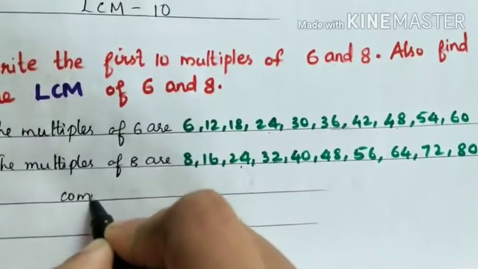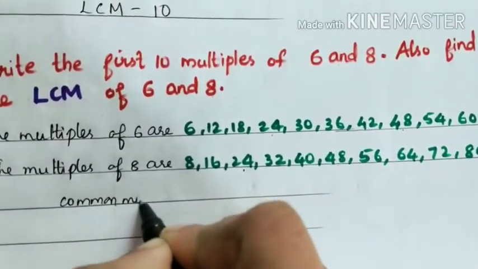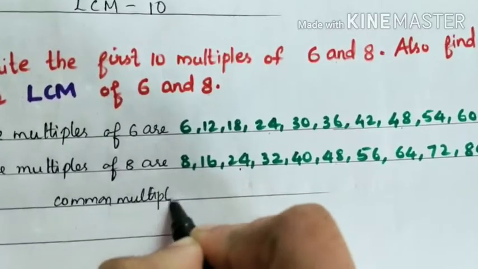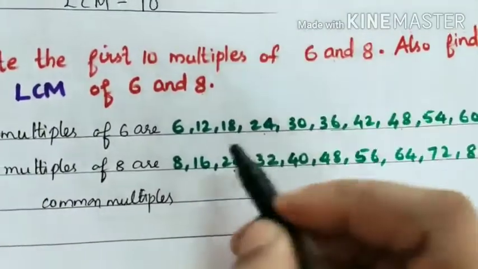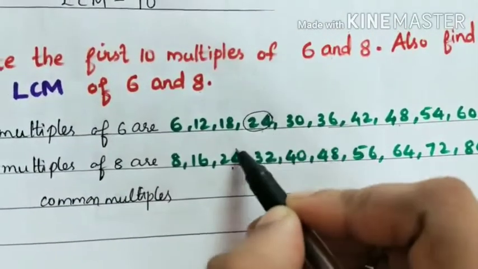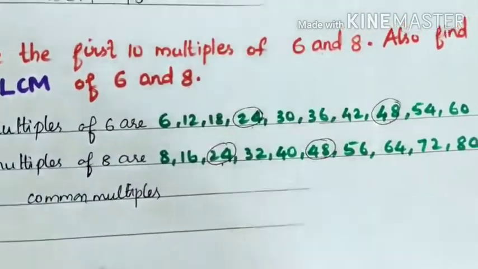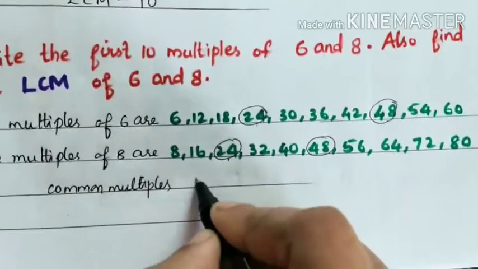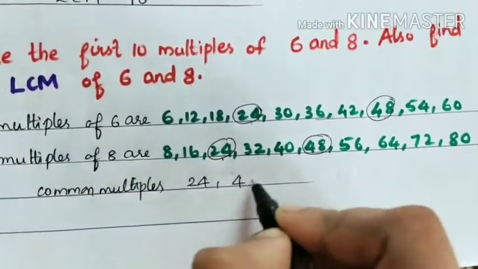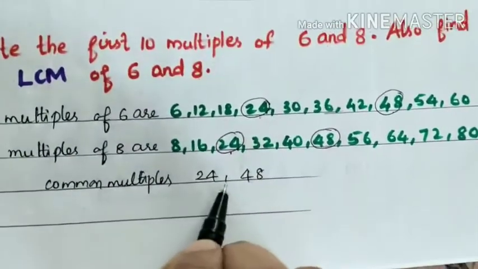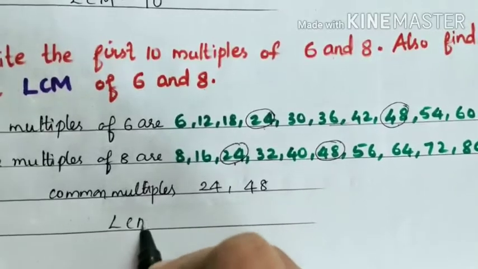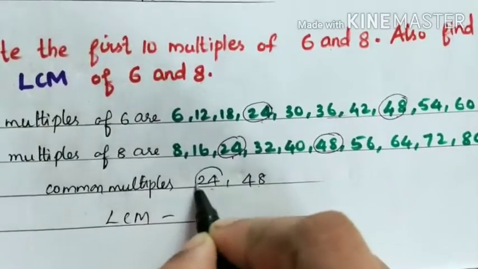Now we have to find the common multiples of 6 and 8: 24 and 48. Now we have to find the LCM, least common multiple, 24.